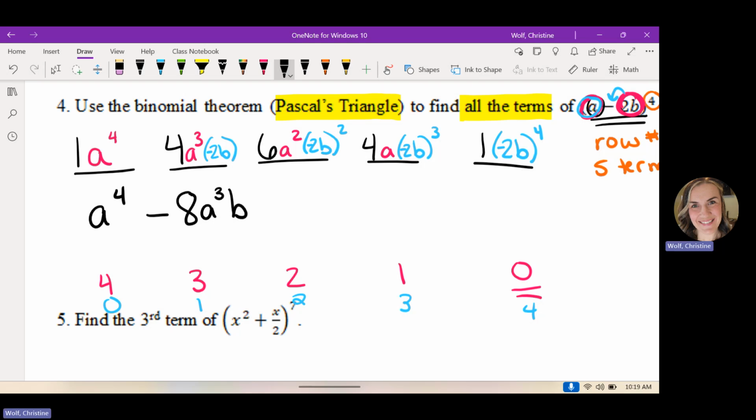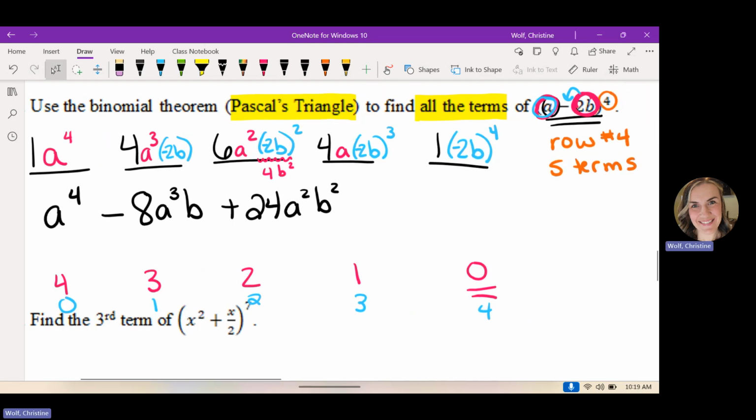Now it gets more complicated because I have a 6, but that negative 2 is squared. You see that? So this guy right here is actually equivalent to positive 4b squared. If I actually square it, the negative goes away, it becomes a 4. So now if I go 6 times 4, I get positive 24, and then I have an a squared and a b squared.